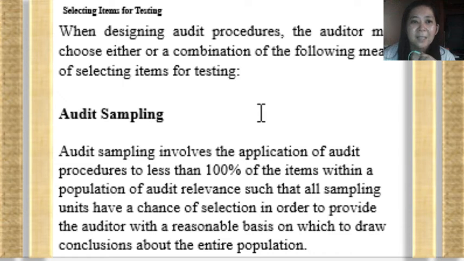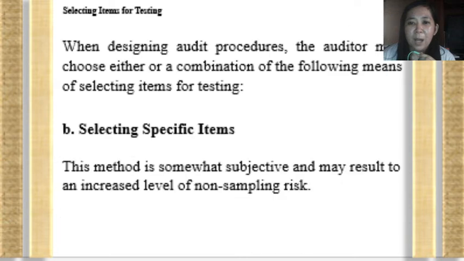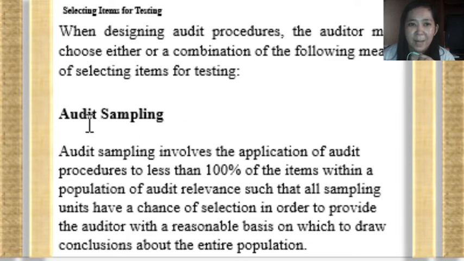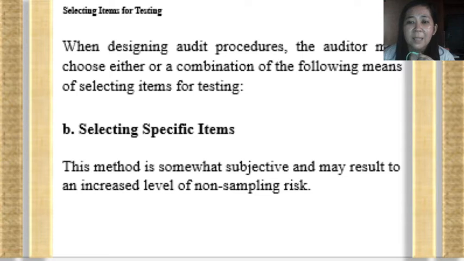So another is audit sampling, okay. By the way, selecting specific items is somewhat different from audit sampling, although they can be related. In selecting specific items, the auditor determines a certain class of transaction, account balance, or disclosure to evaluate.